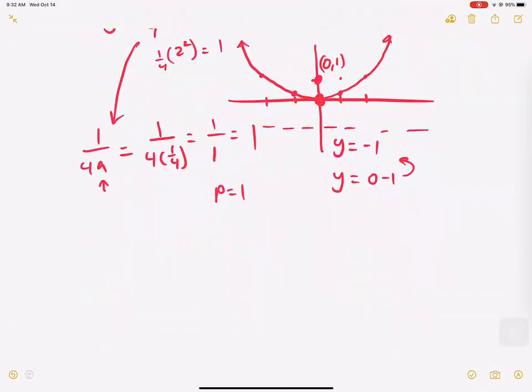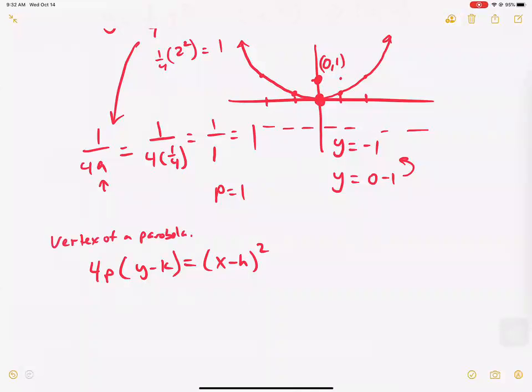Because another way of writing our basic vertex parabola using our focus is this: 4p times (y minus k) is equal to (x minus h) squared. So this is a way for us to write the vertex form of a parabola.